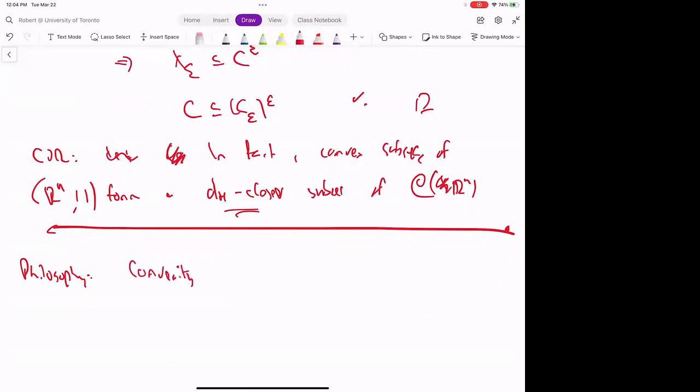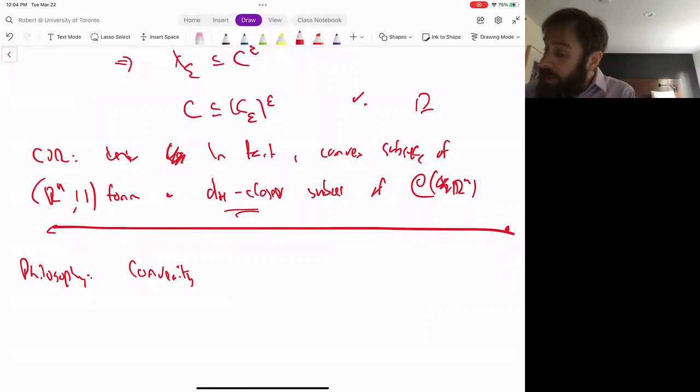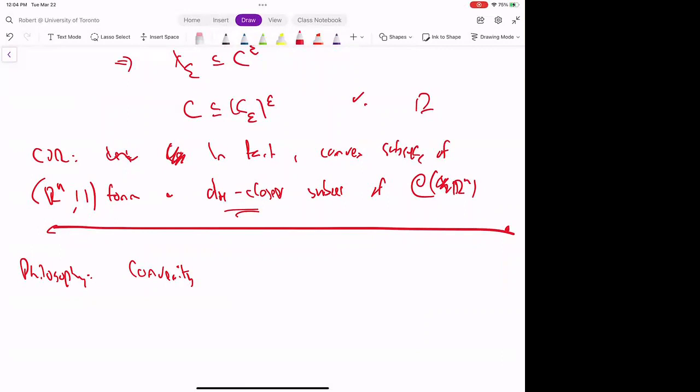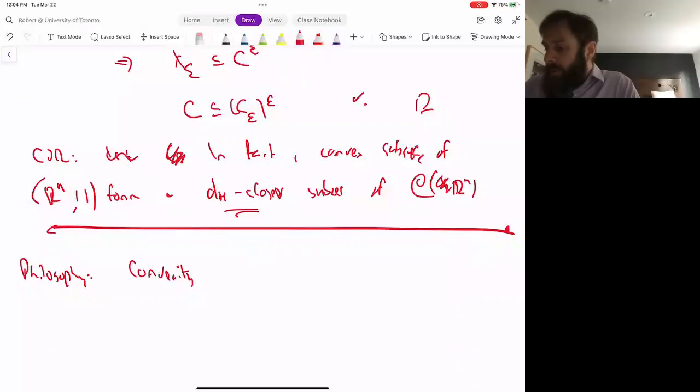Do you need the convex set to be bounded? Right. Let me think about that for a second. Why would I need it to be bounded? Boundedness helps, but I'm not sure.